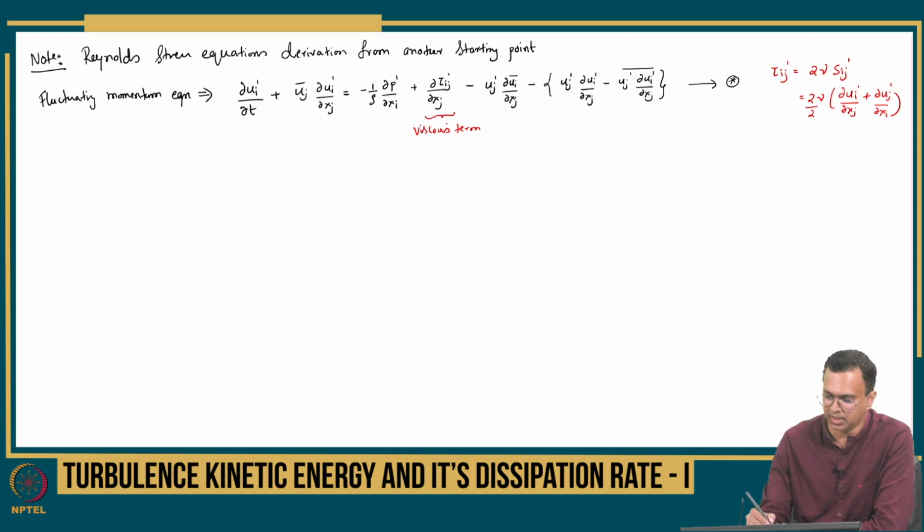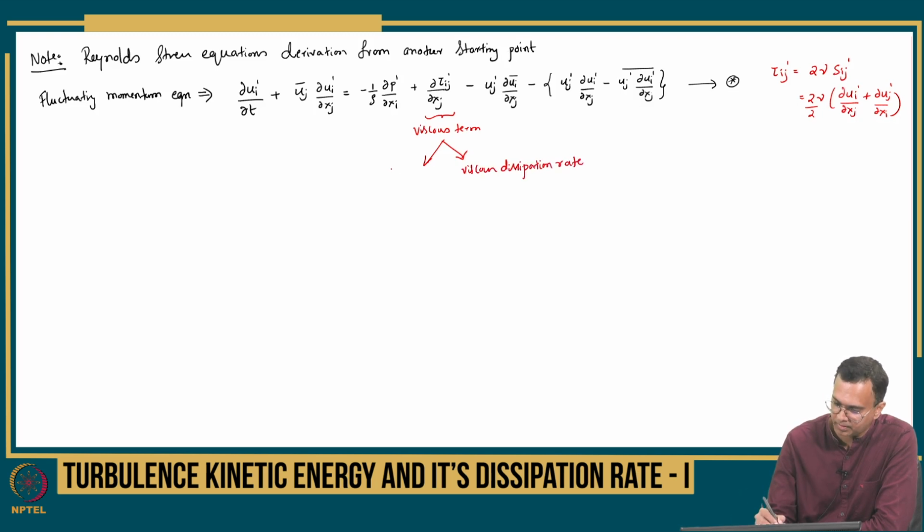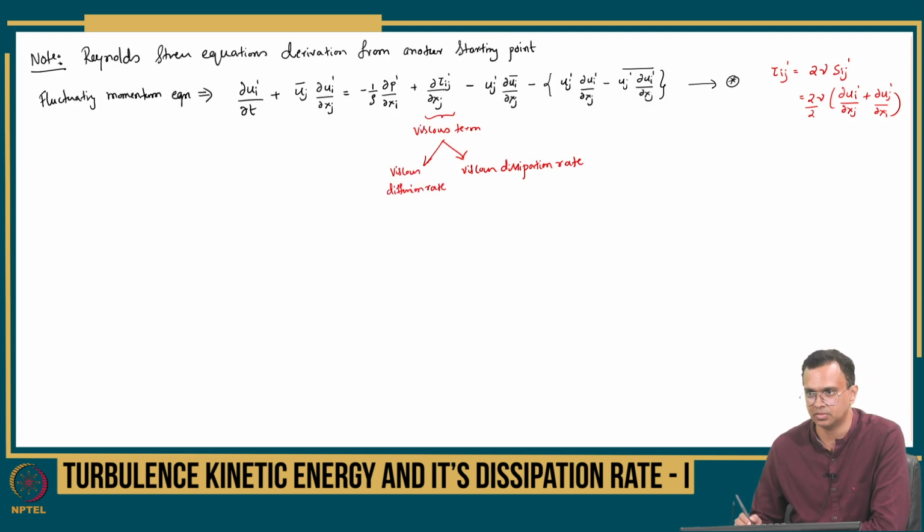Therefore, if you continue to derive, this particular term will affect both the viscous dissipation rate and the viscous diffusion rate, which will have many more unknowns than what we have got. So this leads to far too many unknowns, more than what we have.